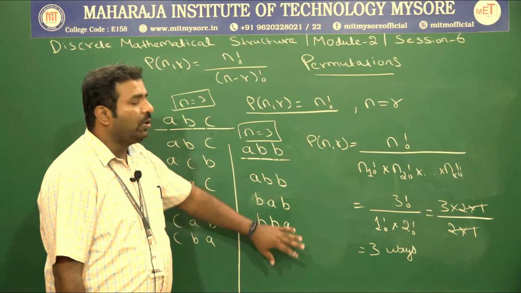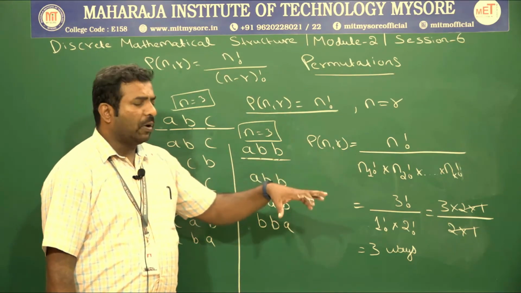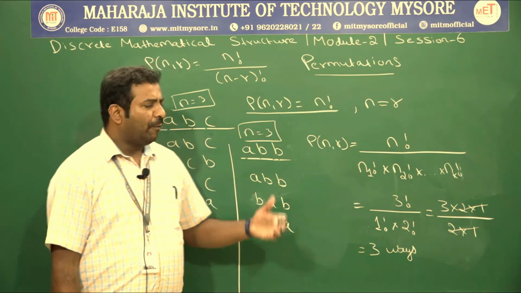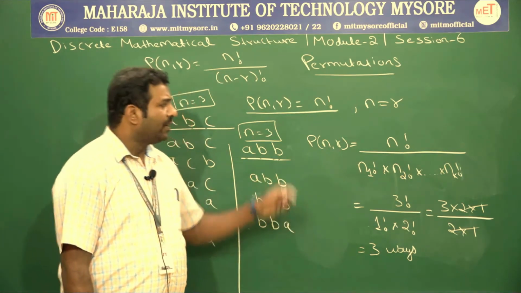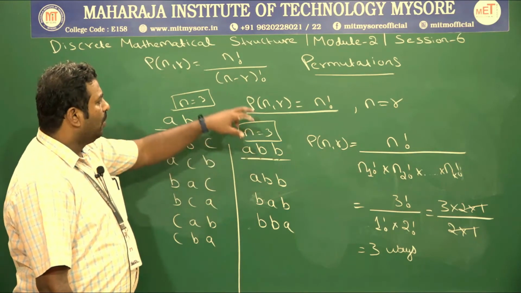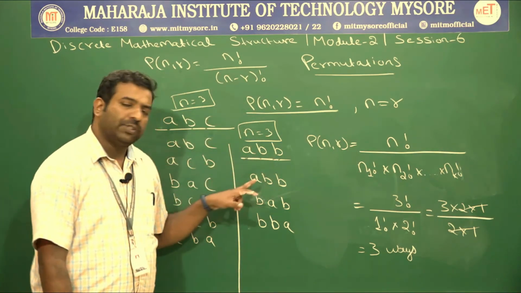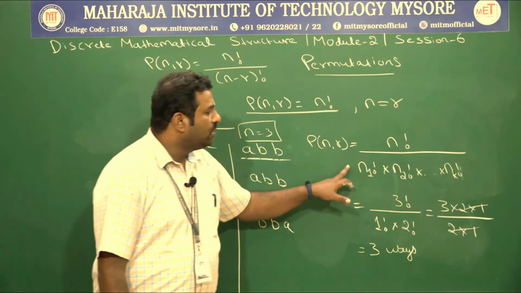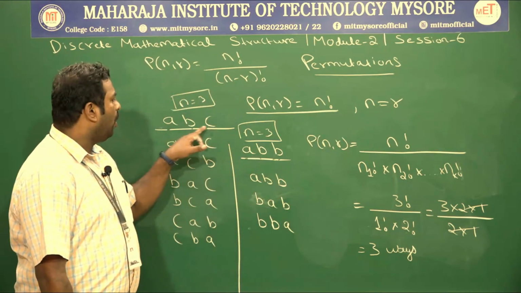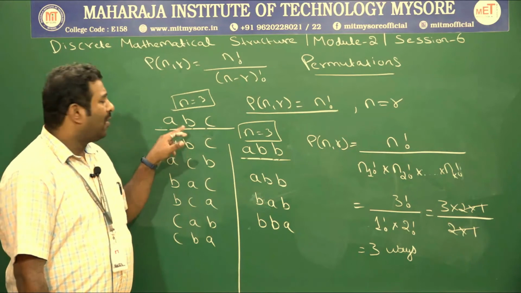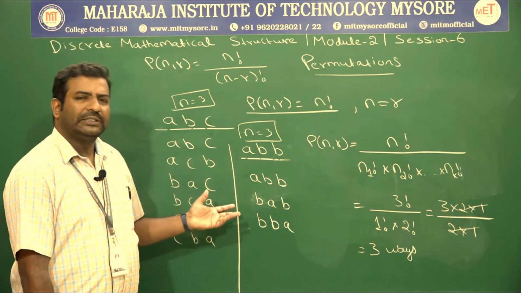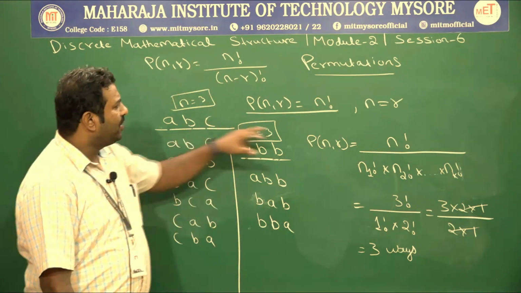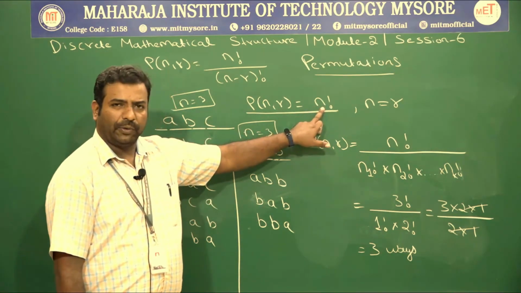So this is how we are going to make use of when you want to pick all the n objects, or at certain time when you are picking r objects also, think about this. Fine. So work on the frequency of the objects. Depending upon the frequency, I am going to use this form. If you find all the objects are distinct and different objects, certainly go directly and use n factorial.